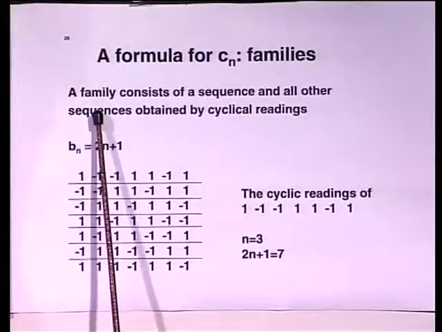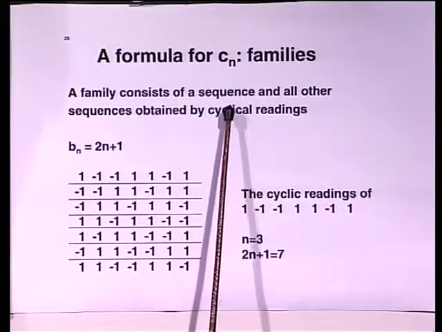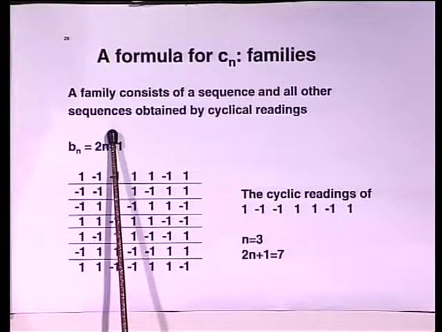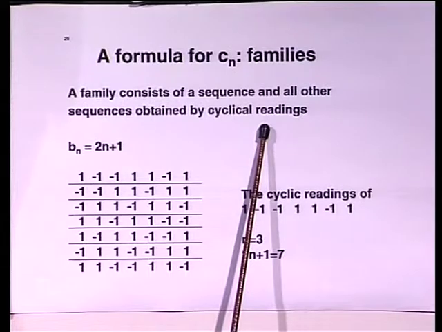Let's now look at the next step, which is to divide this collection of sequences into families. So we're going to define families in the following way. A family is going to consist of a sequence and all the other sequences that you can get by reading it cyclically.